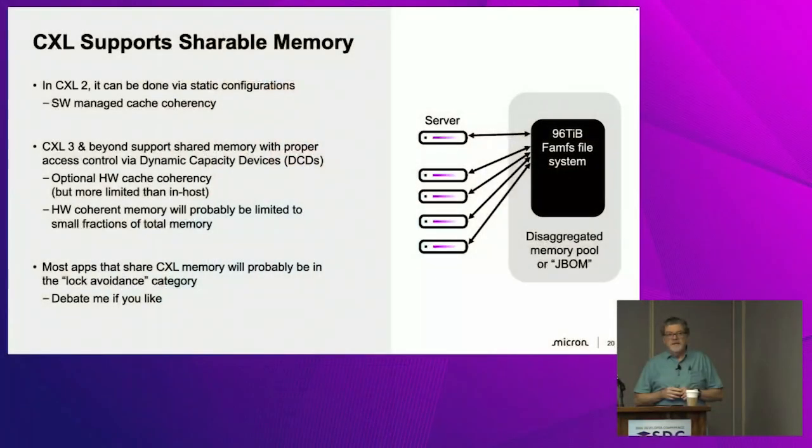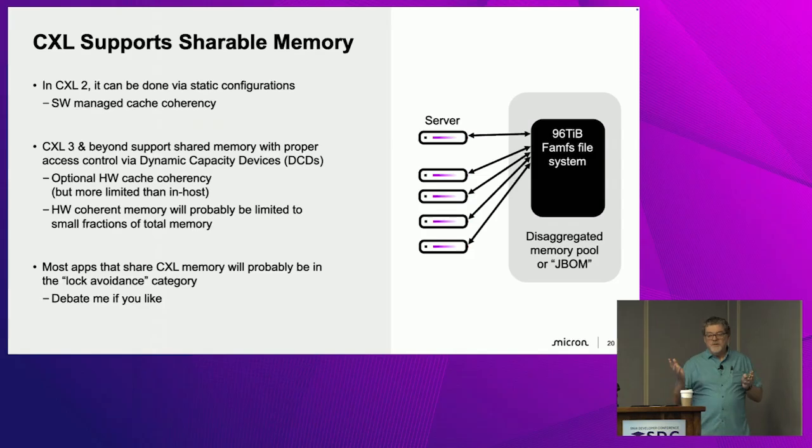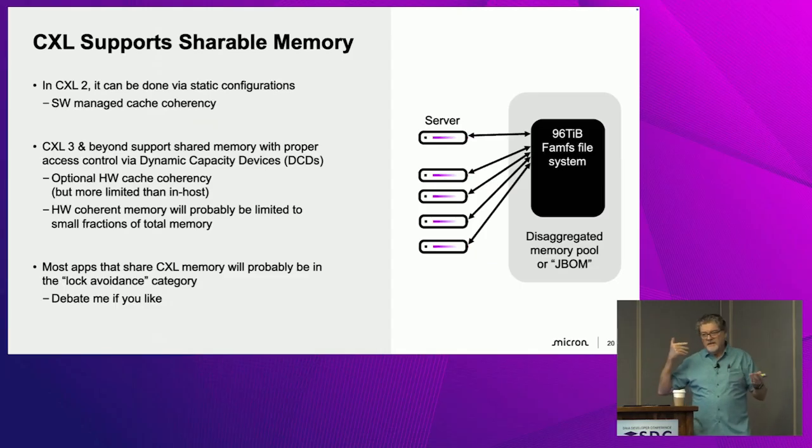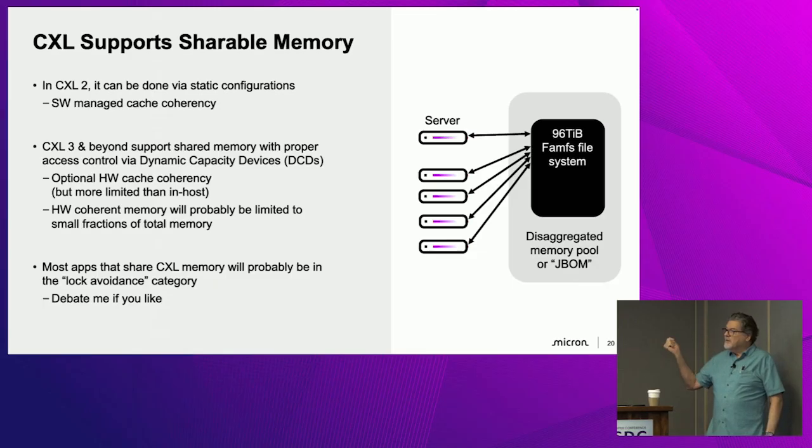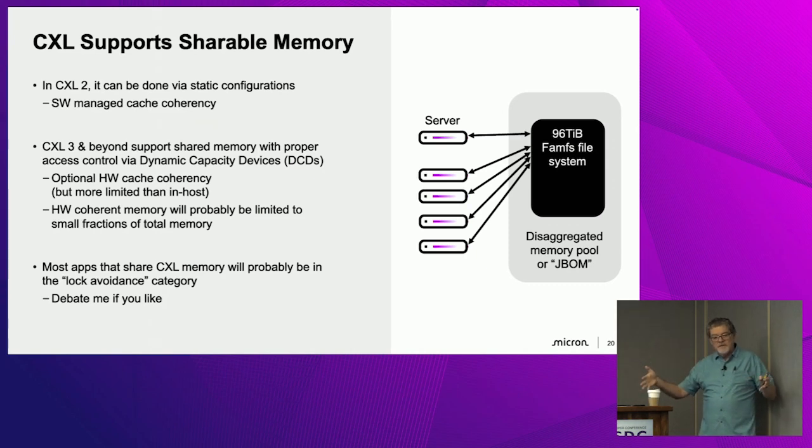In CXL 2-ish, and by the way, speaking for the CXL Consortium, we strongly discourage referring to a given device or switch as a CXL 3 thing or a CXL 2 thing, because there are just too many optional things in each. But in the future, we'll have DCDs. Memory can be allocated. A DCD, you can discover it.